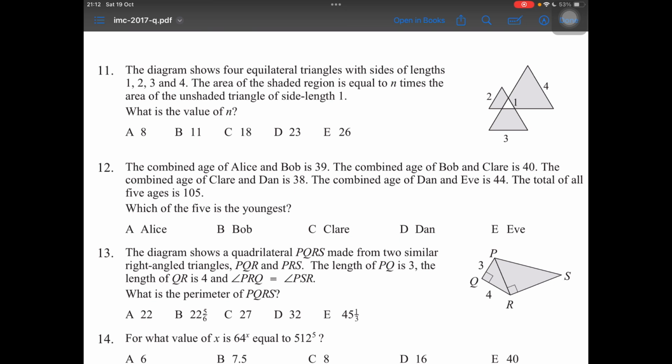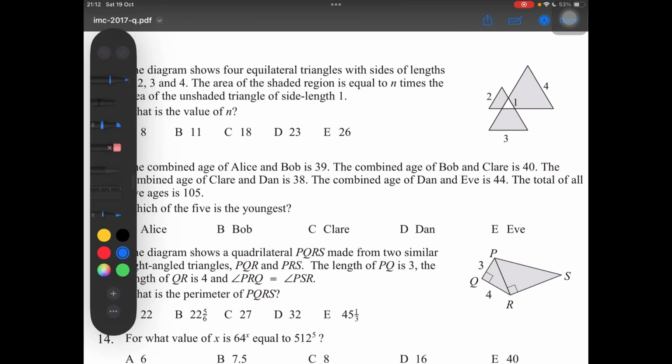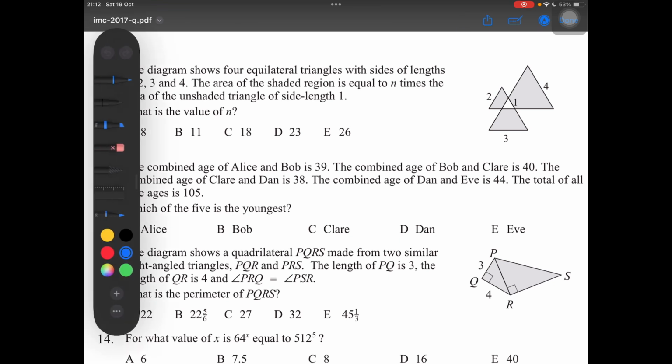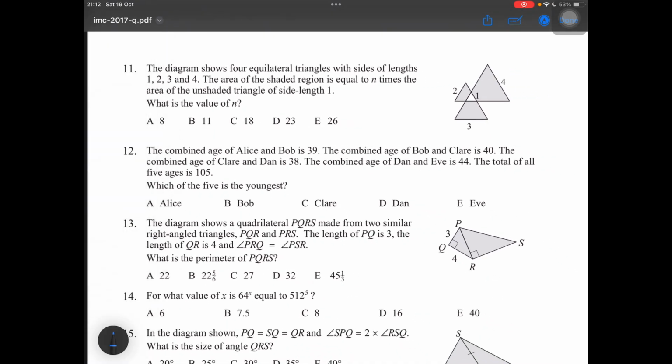Before we do this, let's remind ourselves of the ratio between two similar polygons, and not only polygon shapes.